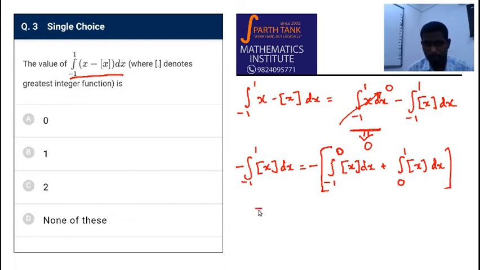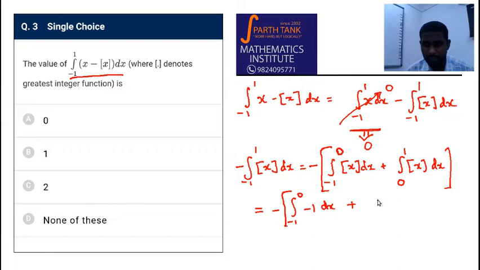Alright. So now this becomes, in this region x between minus 1 to 0, floor of x has value minus 1. And in this region 0 to 1, floor x has value 0.